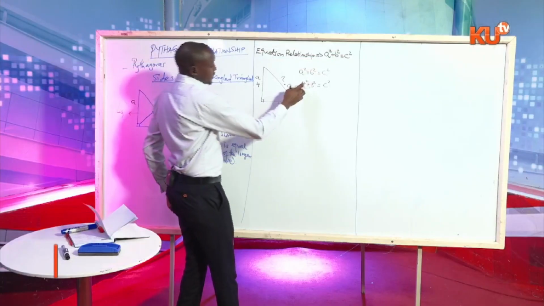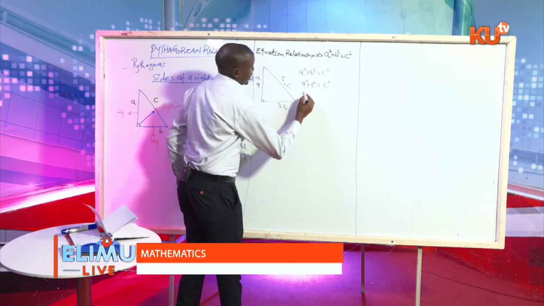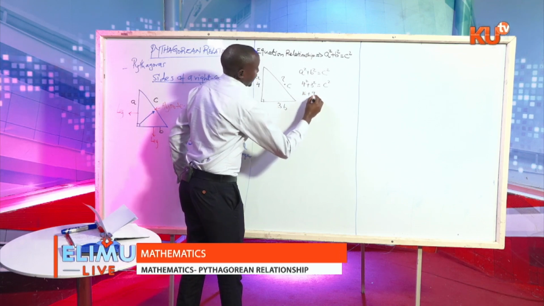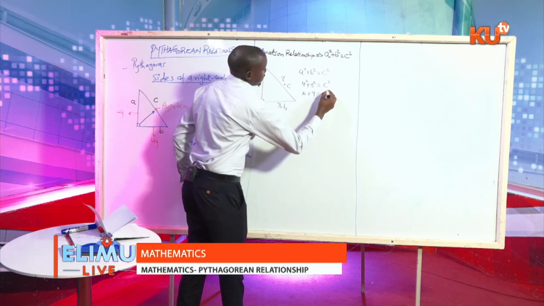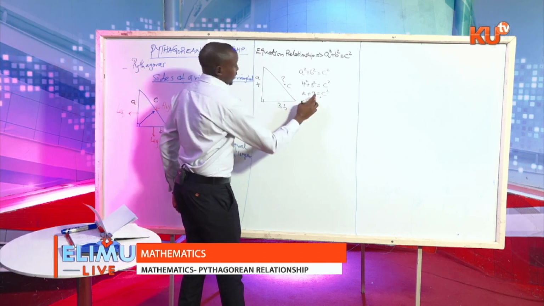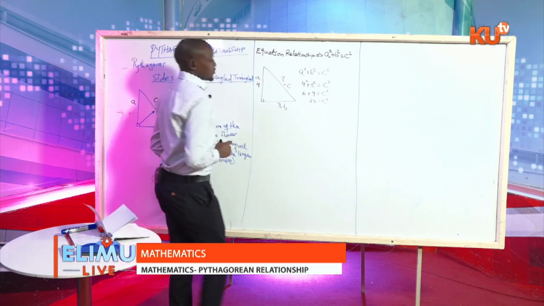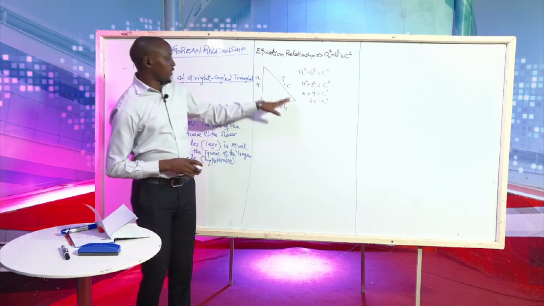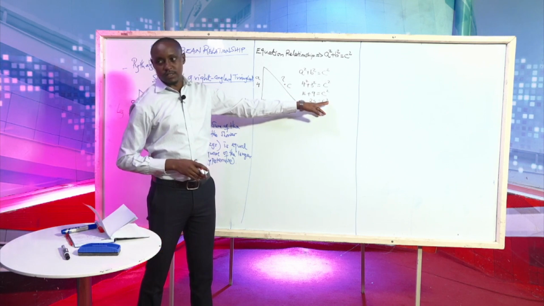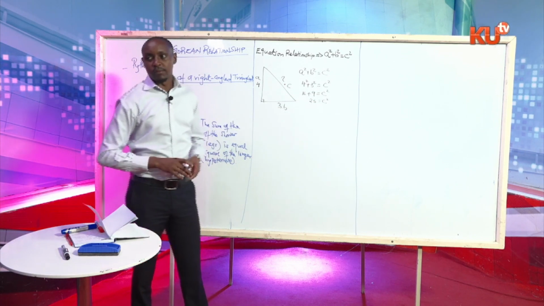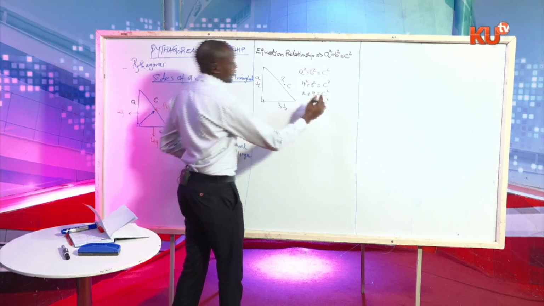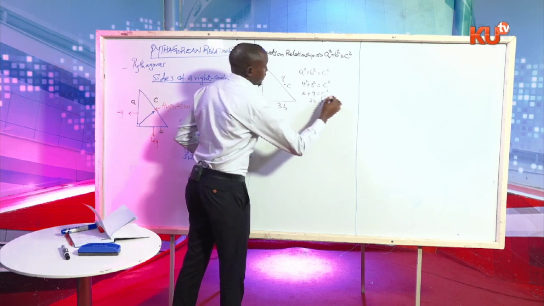So the square of 4 is 16, the square of 3 is 9, and let's maintain C squared. 16 plus 9 is 25, so C squared is equal to 25. What we want is C without the exponent 2, or what we call the power. So for us to remove the power or the exponent, we have to take the square root.